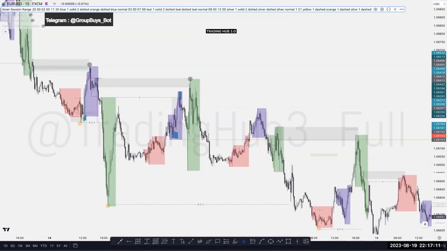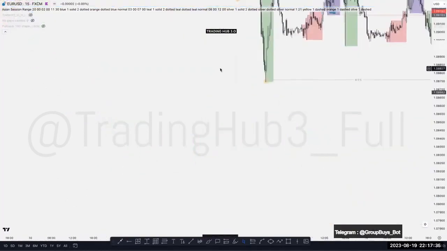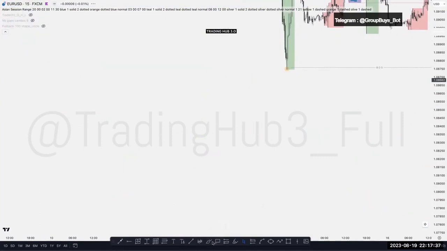First check what our Asia session is doing. If the Asia session low is swept, that means our London session will be bullish, with very high chances. If the Asia session high is swept, the market is looking for a downside move and London will be bearish. If London is bearish, then very high chances after taking out the inducement, your New York session will be a continuation. Let me show you.